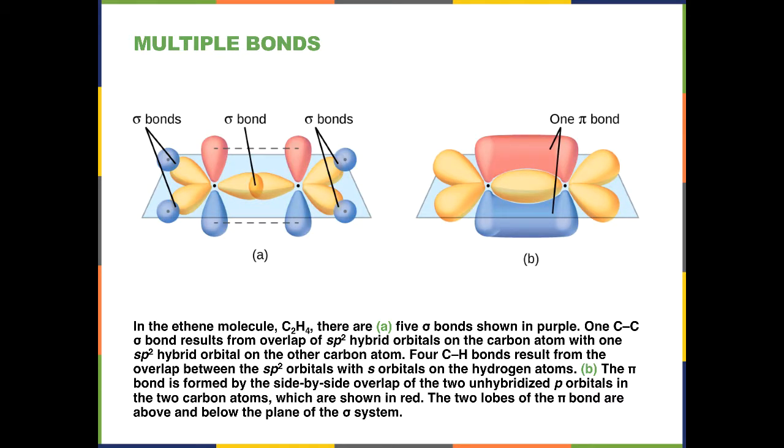So here is a molecule of ethene, which has a double bond between the carbons. And A shows the 5 sigma bonds with the sp2 hybridization. And the pi bond forms as a side-to-side overlap shown on the right here.